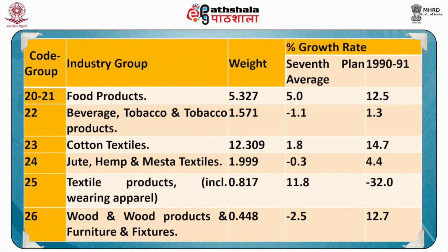Next, beverage, tobacco and tobacco products of weight 1.571 had a growth rate in the 7th plan of -1.1%, and in 1990-91 it had a growth rate of 1.3%.